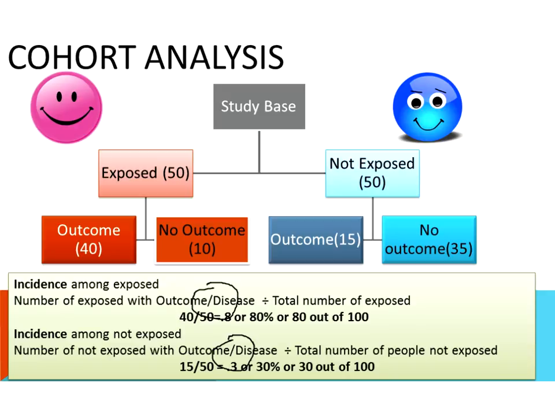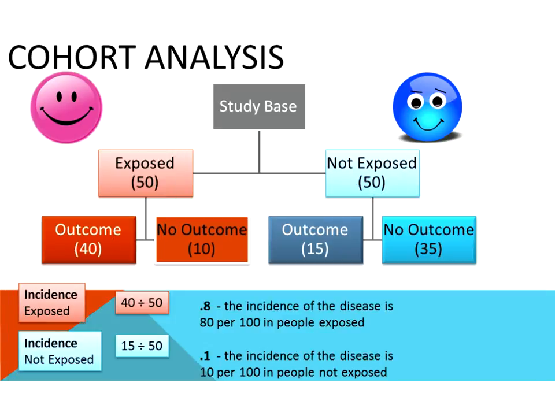But you can still use a cohort study for that. So it's really the same kind of math. Our total group, our outcome, our total group, and our outcome. This is just another way to look at our exposure variables.